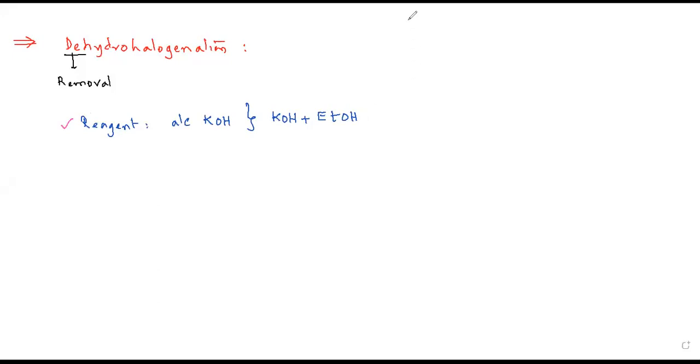Now, even in this case, the mechanism is anti E2. They need to be in anti-periplanar geometry. Okay, so let me just give you the same old example with alcoholic KOH.